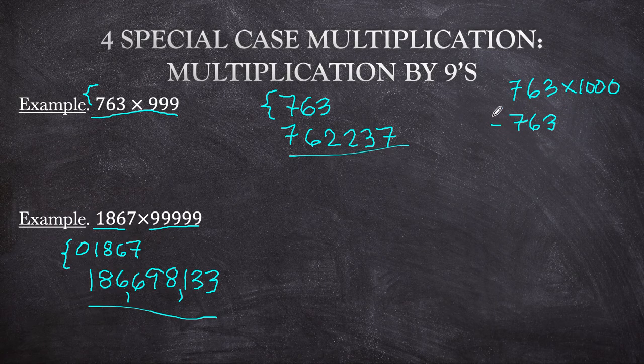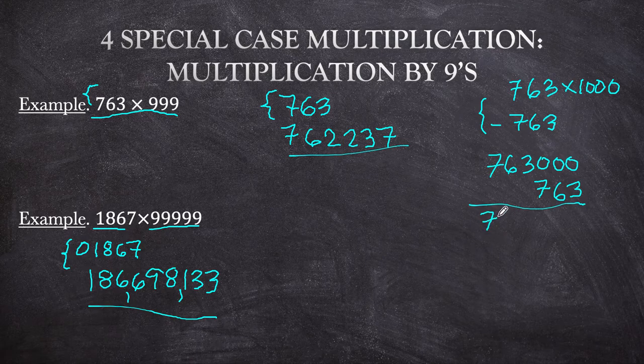By doing this, we have 763 with three zeros after, and we deduct 763, and that is by our Nikhilam Sutra. So what we have is 7, 6, 2, all from 9 and the last from 10, 2, 3, 7. Hence we have this answer. So that's our proof for that answer.